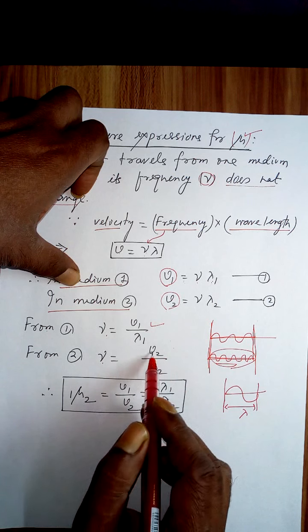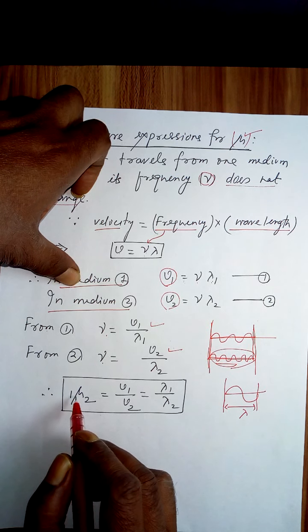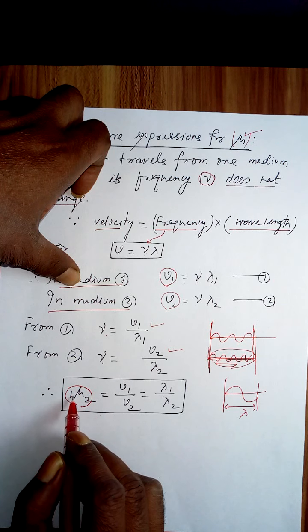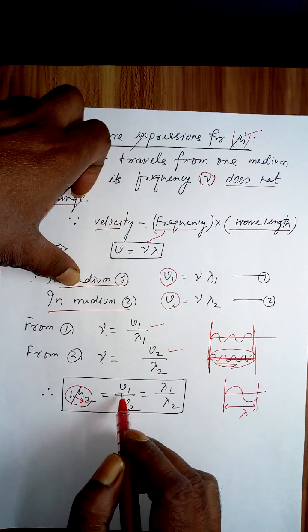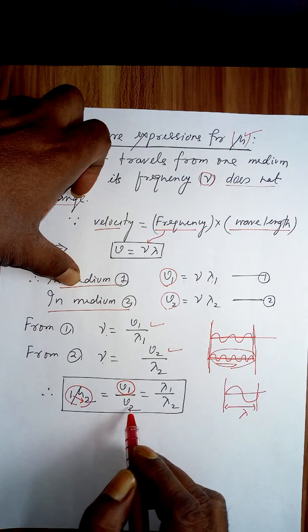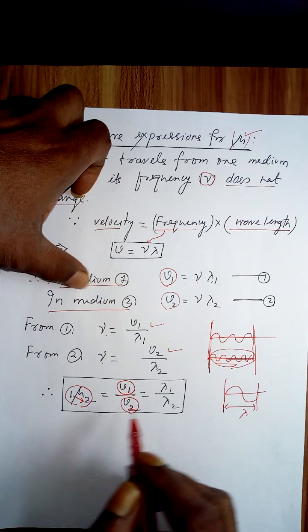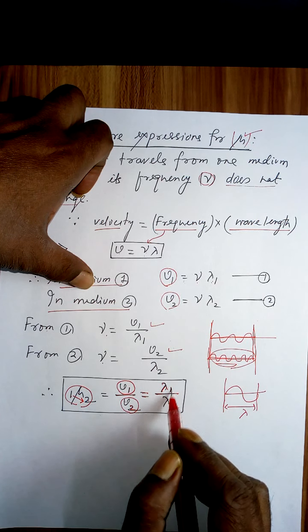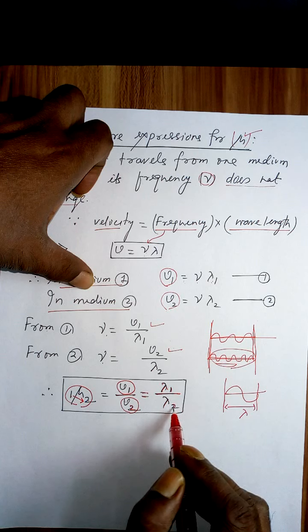From here, nu is equal to v2 by lambda 2. Therefore, refractive index of second medium with respect to first medium, meaning light going from first to second, is equal to velocity of light in the first medium v1 divided by velocity of the light in the second medium v2, or that is the same thing as wavelength of light in the first medium divided by wavelength of the light in the second medium.